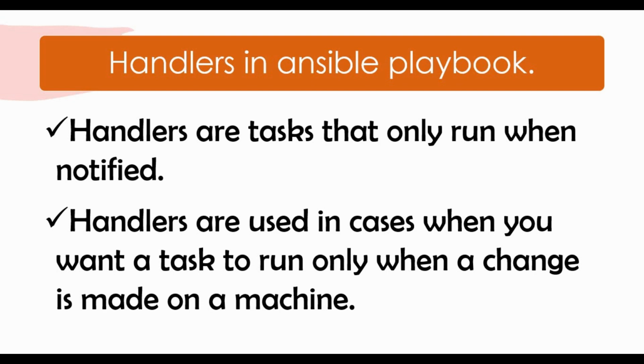To give an example, we have an Apache server installed and we copy some files into the Apache folder, and we notify that the Apache service has to be restarted, and we create the handler like this, so the service has to be restarted.